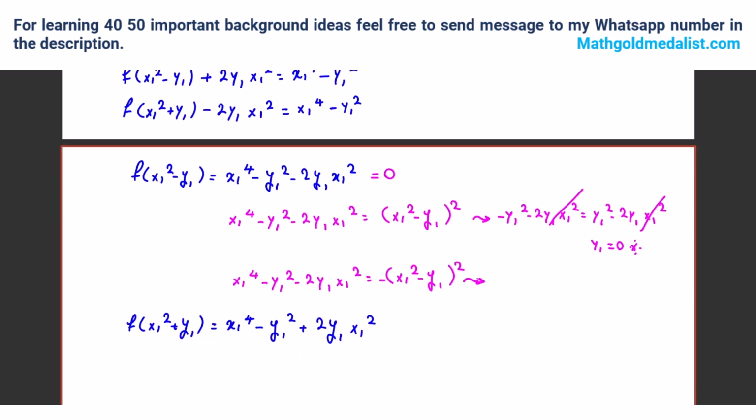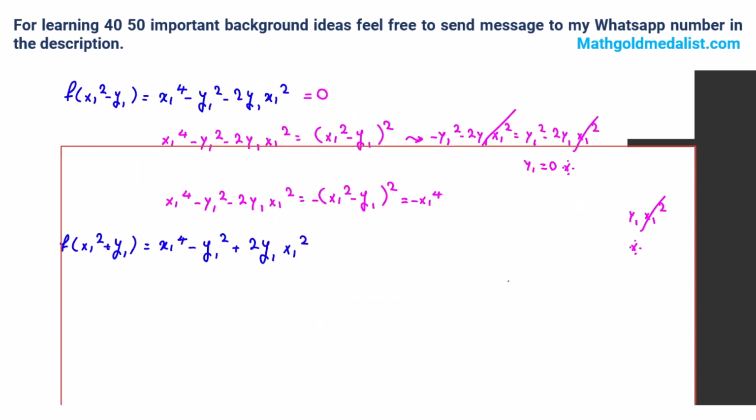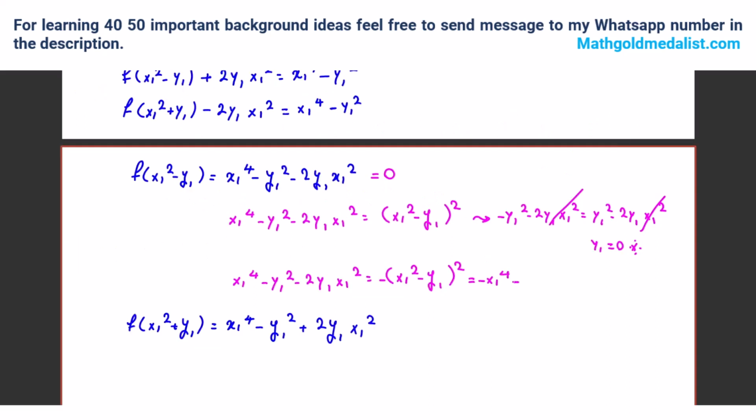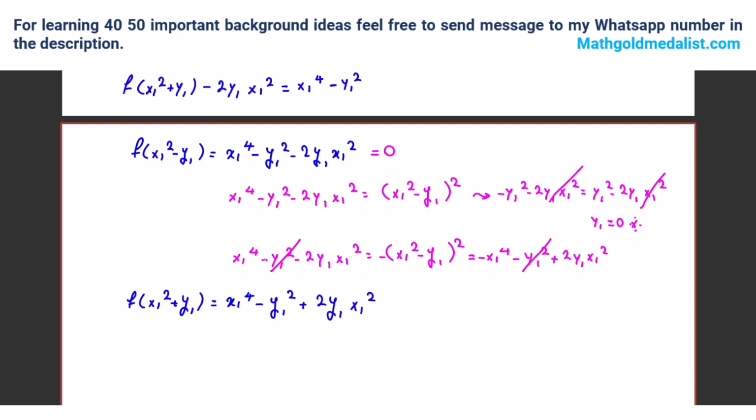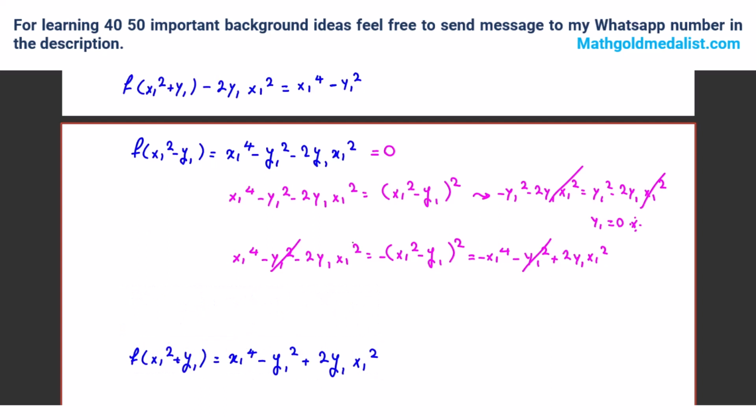From here, what can we conclude? x1 to the 4, x1 to the 4. Here, it would be negative x1 to the 4 minus y1 squared plus 2y1 x1 squared. And then we can cancel negative y1 squared, and if we take this to the left-hand side, it would be 2x1 to the 4 minus 4y1 x1 squared is equal to 0.